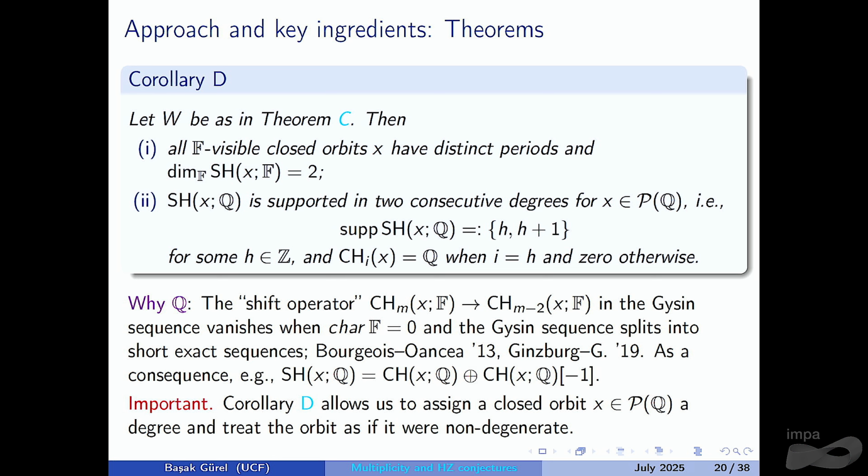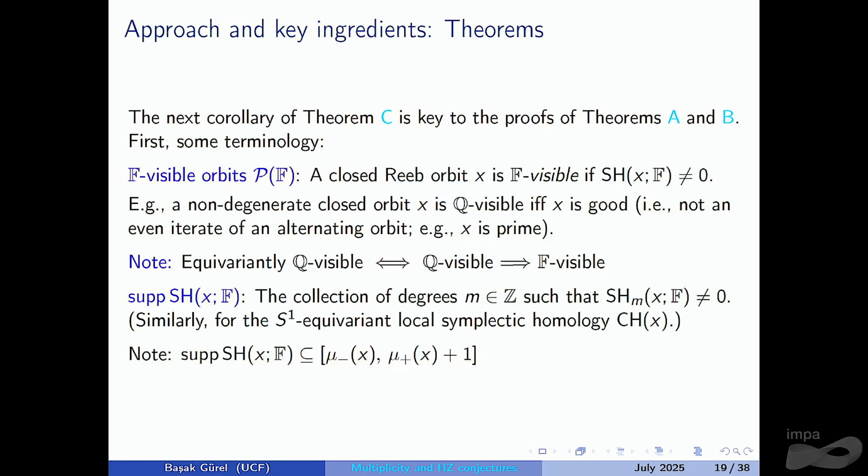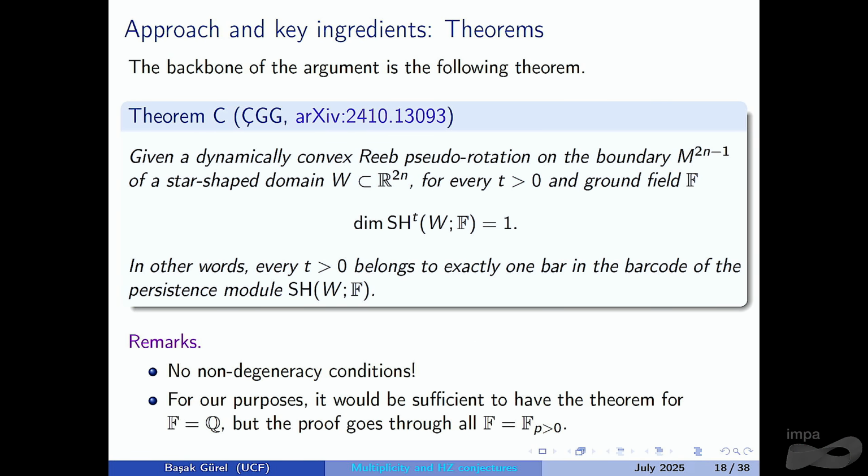Now, this is actually not difficult to see. For instance, if you had two orbits with the same action, you would immediately get that this symplectic homology, remember, the assertion of the theorem, let me go back for a second, says that this dimension is 1.